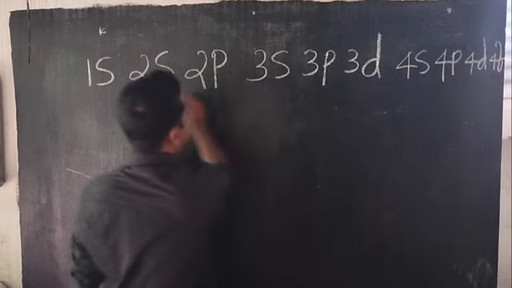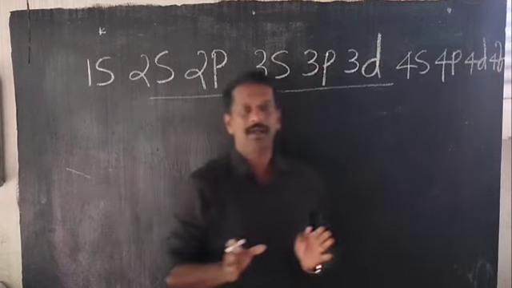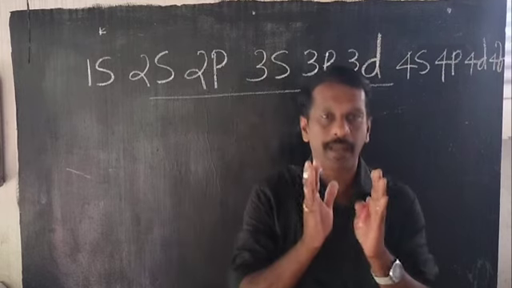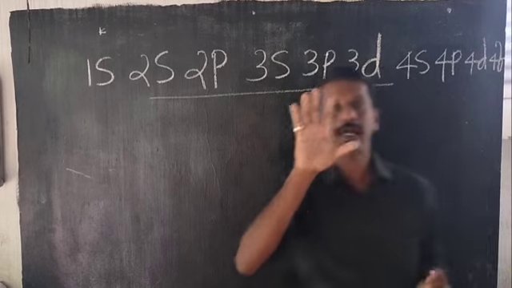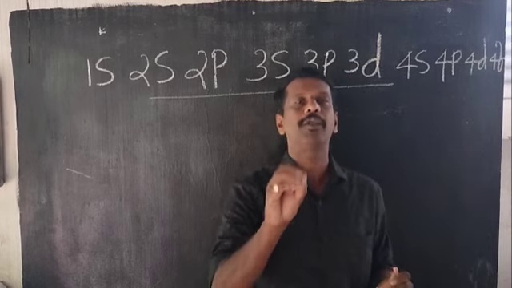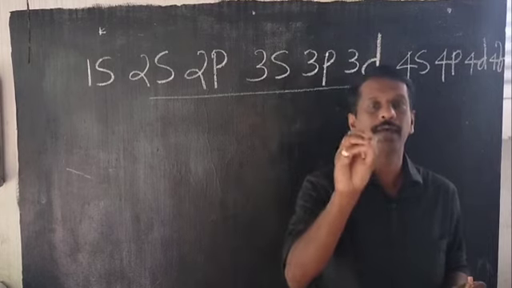So these are the subshells we have for an atom or element. Based on this subshell concept, let us try to write the electronic configuration of a few elements.